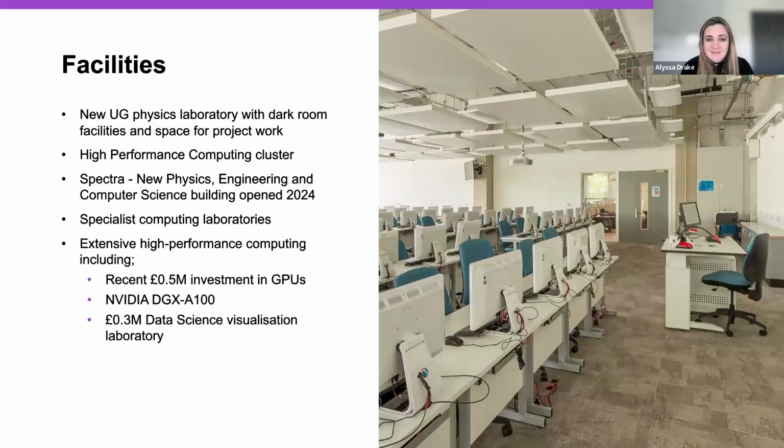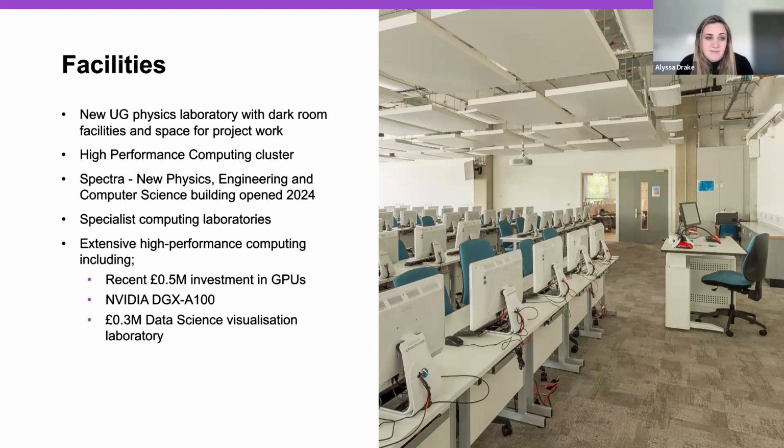Very nice. Okay, so that was a really nice introduction that has given a pretty good demonstration of some of the facilities that we have available as part of the department. We'll hear more in a couple of minutes about our new building, which is known as Spectra. This is the new building that houses the physics, engineering and computer science teams and was opened just last year.